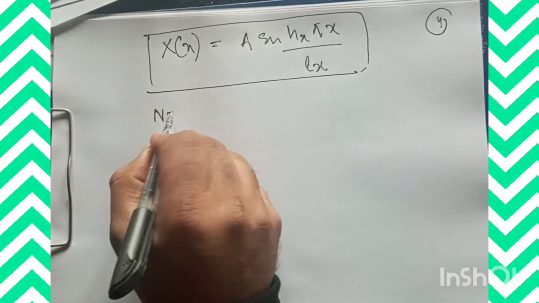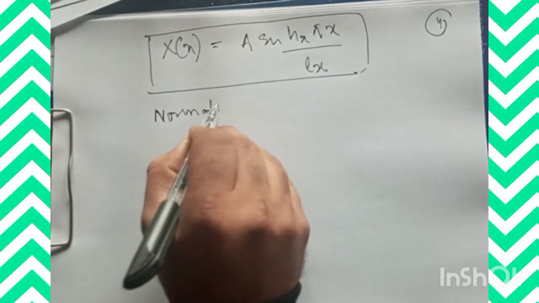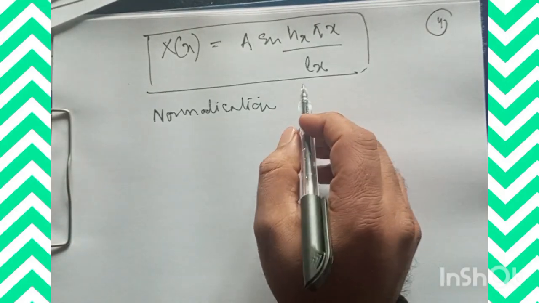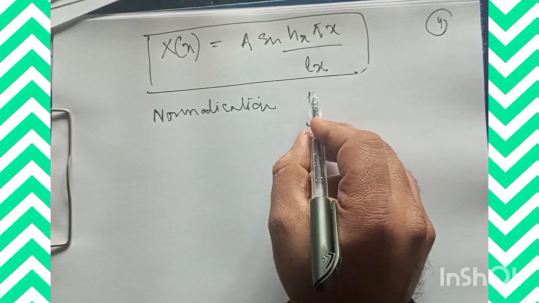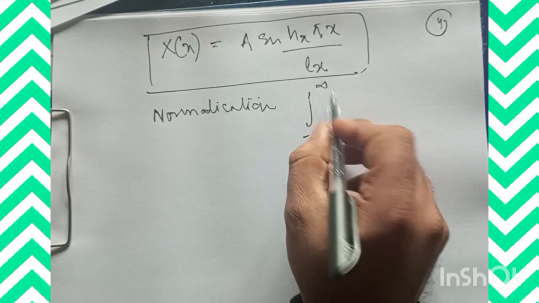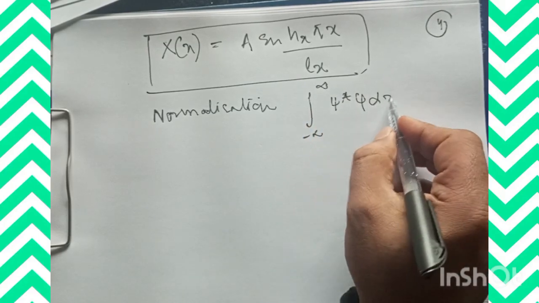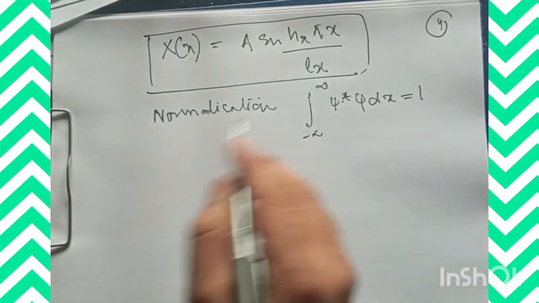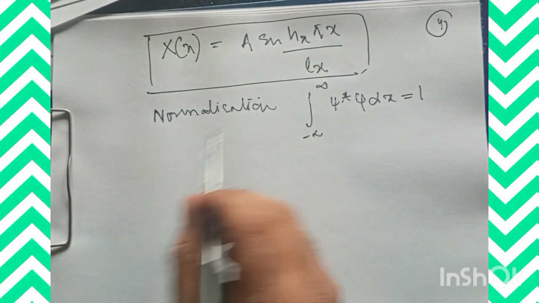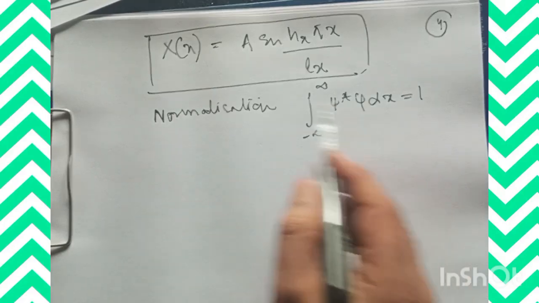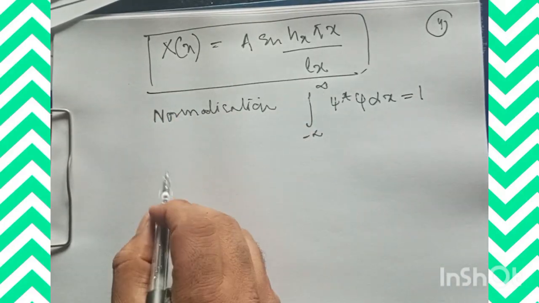So here we are supposed to use normalization. What is the normalization condition? It is the integral from minus infinity to infinity of psi star psi dx equal to 1. Now in my case, instead of psi, I have X(x), so it's a real function.